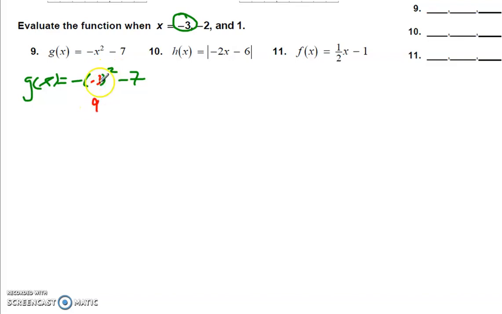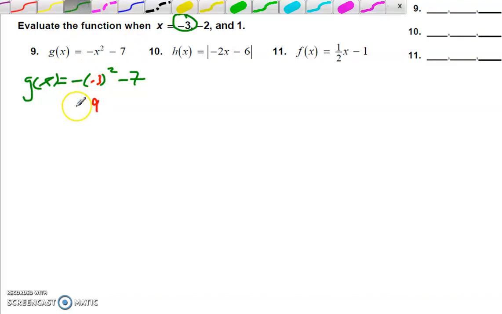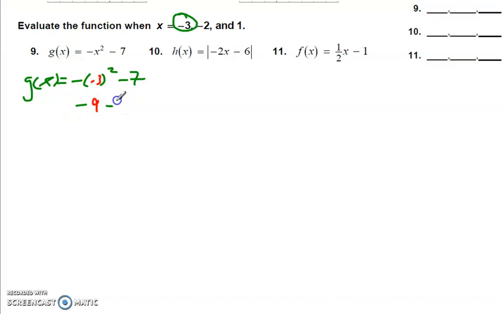That gives me +9. Everything else carries down. That negative carries down, and this carries down. So this should be g of -3. G of -3 is equal to -9 minus 7. So g of -3 is equal to -16.